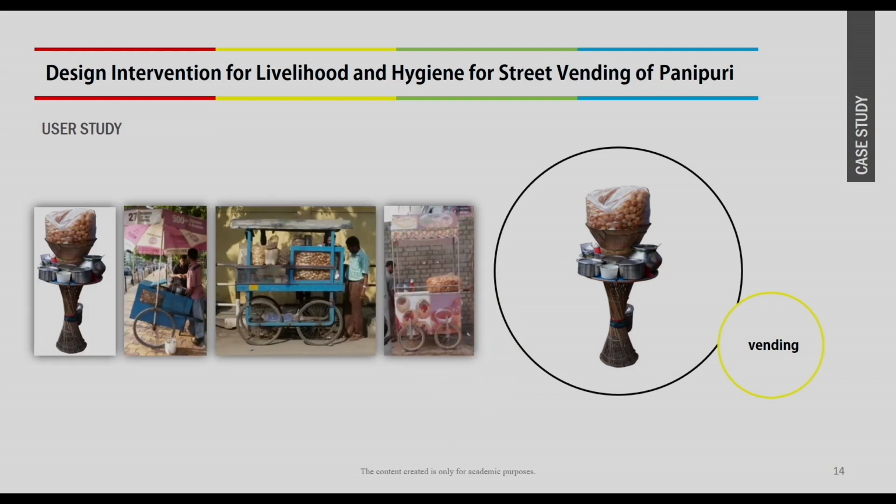So, now we have problem related to vending. We went to the actual scenario, again studied the user, how they are using different kind of carts. We found there are 4 different kinds of carts available: stand cart, 2-wheeler push or pull cart, 4-wheeler wooden cart, and 4-wheeler metal cart.